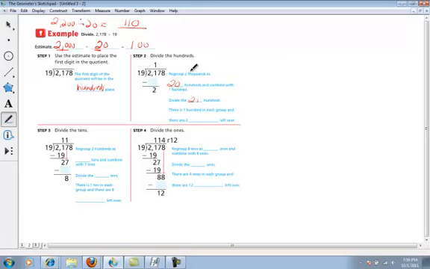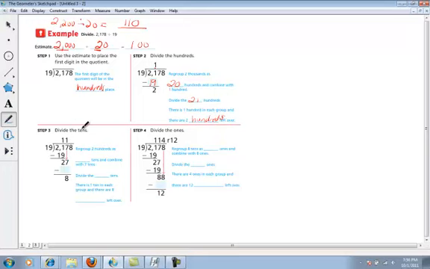Can you imagine that? Can you imagine 19 groups? And we're going to be putting 21 hundreds into all 19 groups. Well, if we do that, we're going to put 100 in each group, which is going to use up 19 of those hundreds, and we're going to have 2 hundreds left over that aren't going to go into the groups evenly.